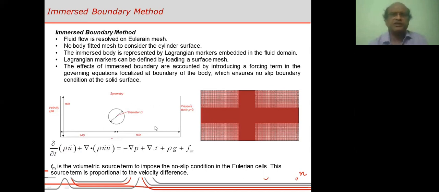So we get the flow around it. This surface of the cylinder is treated as a boundary surface, and wall boundary conditions are applied here. That is how it is normally done.